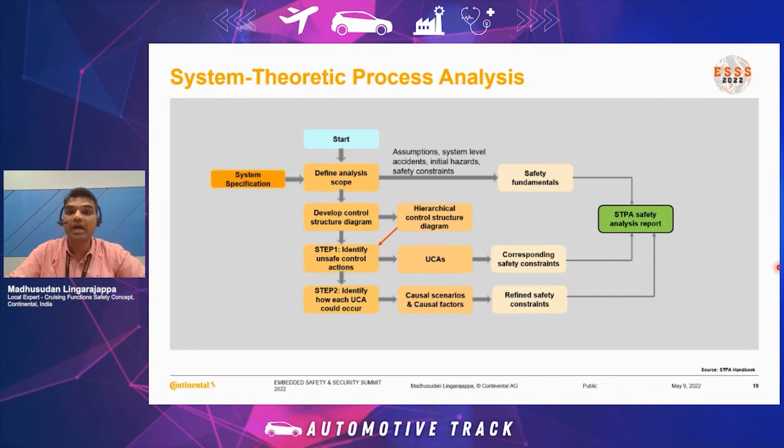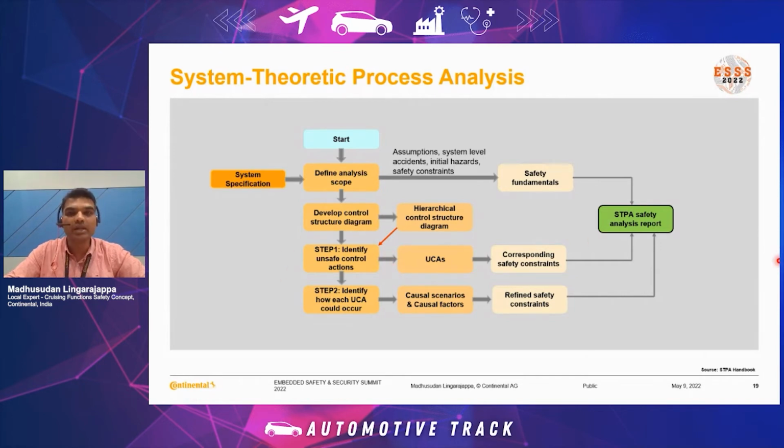Later, we have to link the hazards to the losses or accidents. Then, for all the identified hazards, we have to come up with the safety constraints, which are our safety measures. Lastly, we conclude step 0 by coming up with a control structure diagram. This will be an input for us in step 1.